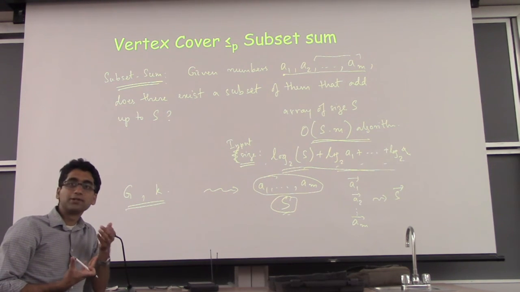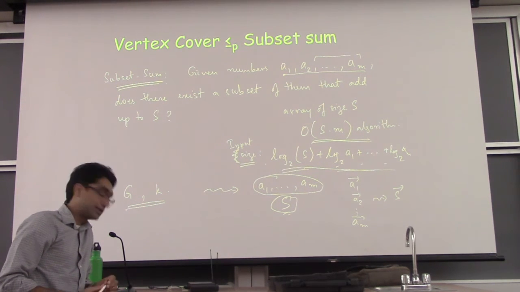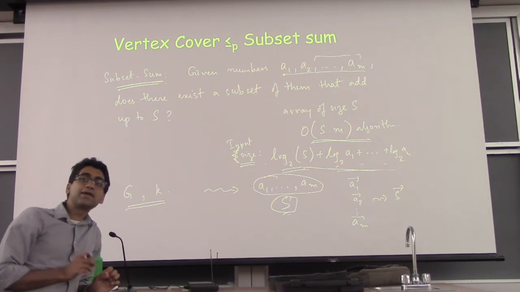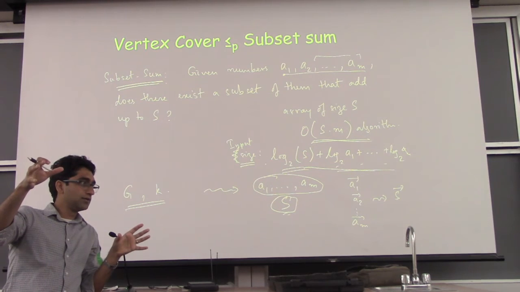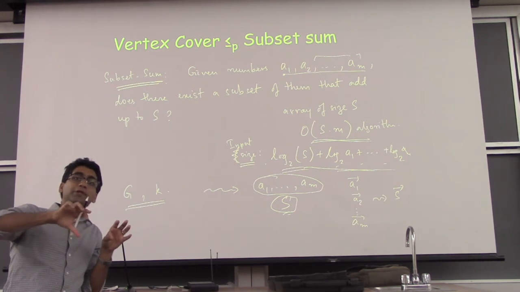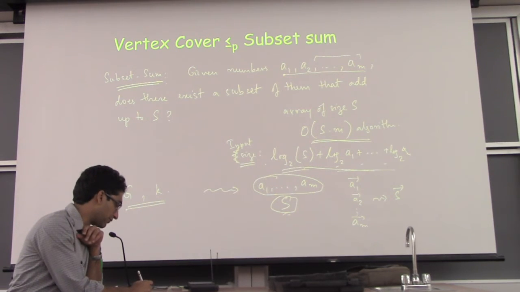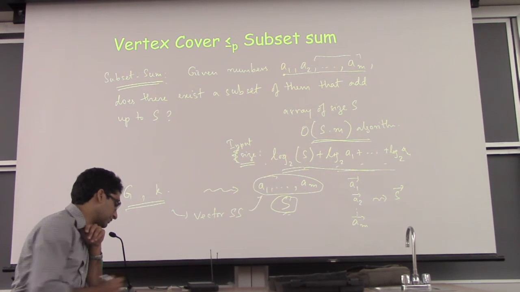This problem turns out to be closer to vertex cover than subset sum is. What I want to illustrate here is that sometimes when you want to reduce from one problem to another, you might want to come up with an intermediate problem: reduce vertex cover to this vector subset sum, and then reduce to subset sum.